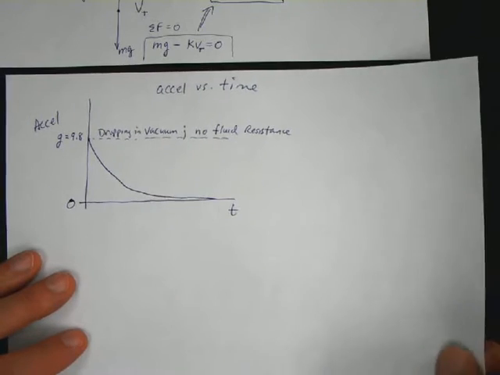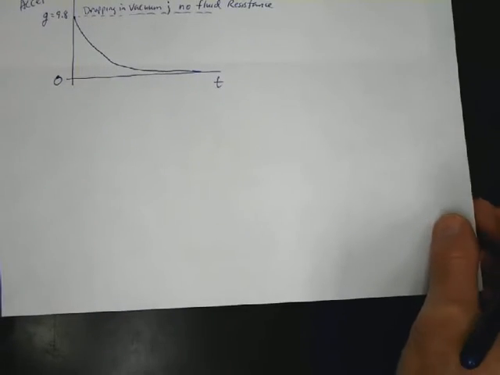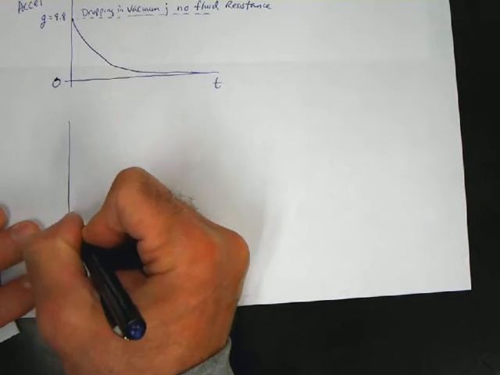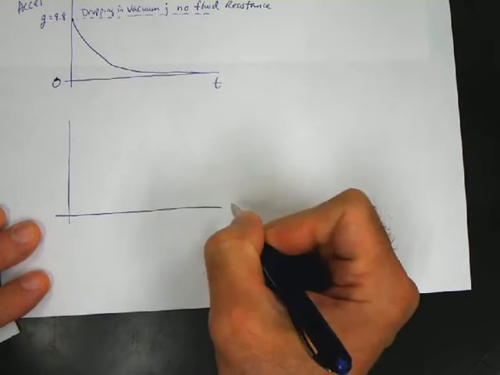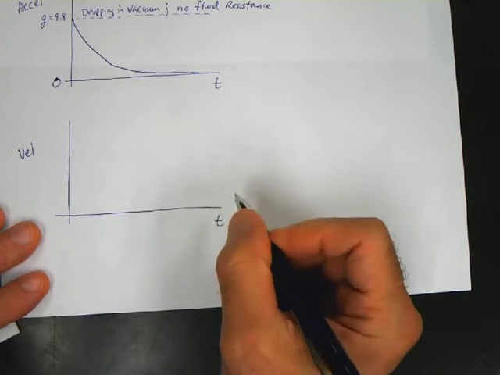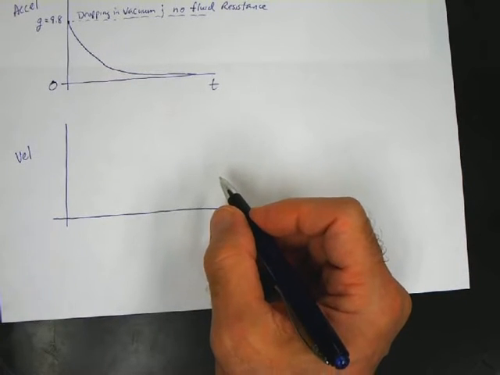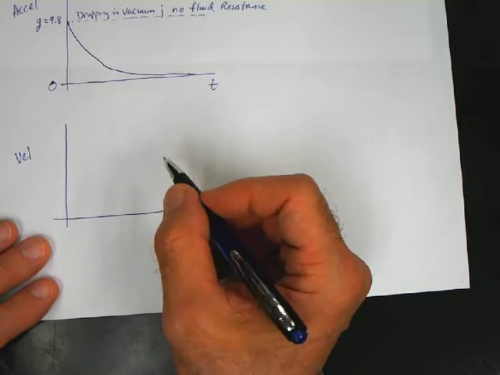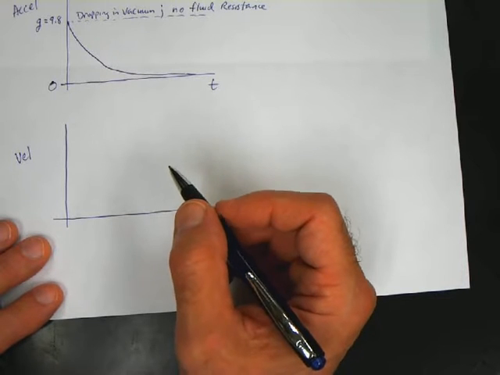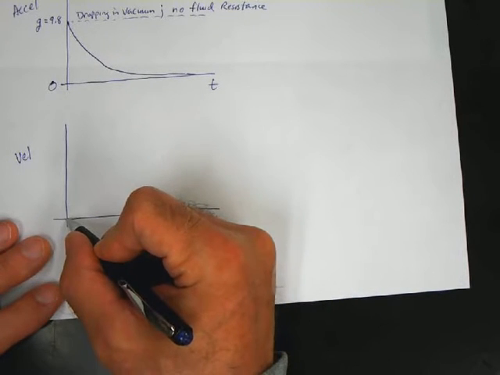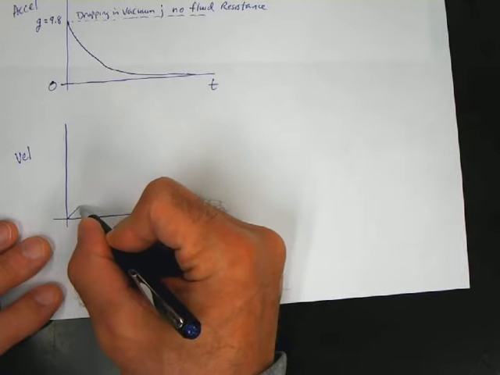Now let's take a look at a graph of velocity versus time. So velocity, let's say in meters per second, versus time. Well, with no resistance, what happens to the velocity? It keeps increasing at a constant rate, doesn't it?